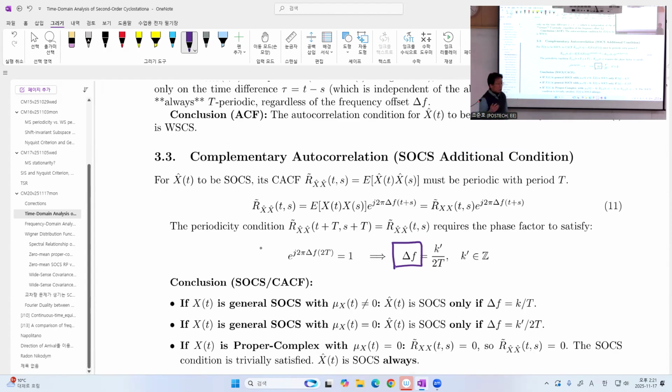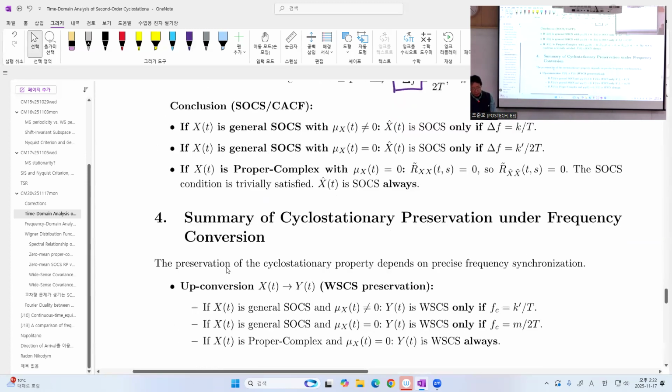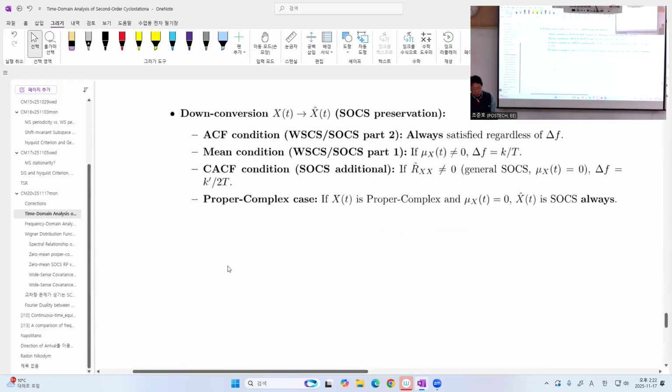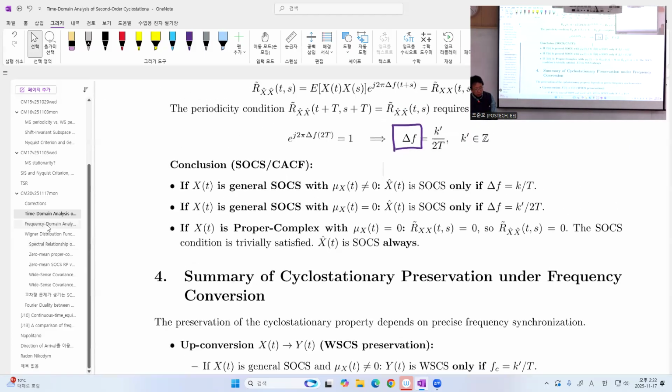So this choice of center frequency or carrier frequency is very important when you down convert the real valued random process. Okay, but probably it's not that clear in this time domain. It will be very, very clear in the frequency domain. So I believe this motivates you to talk about the next one.